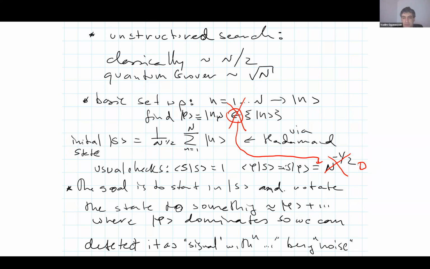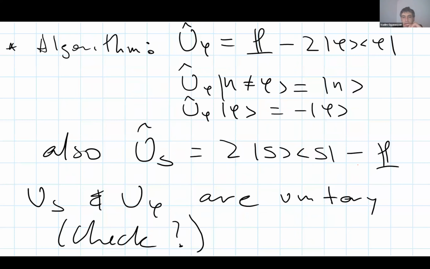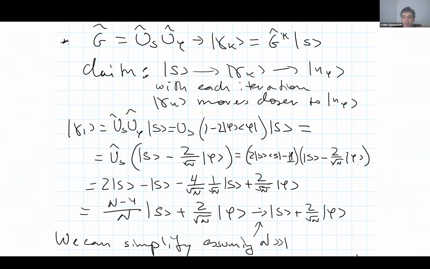If that assumption is wrong, we can still go through all the steps, right? But if that assumption is wrong, then guess what? This dot product is 0. And so this piece is just missing, okay?